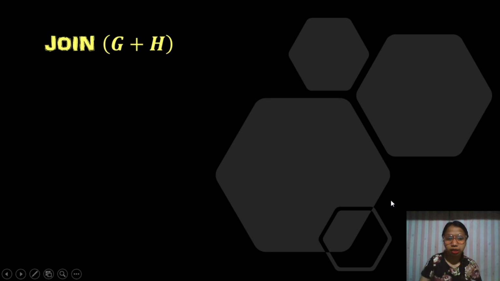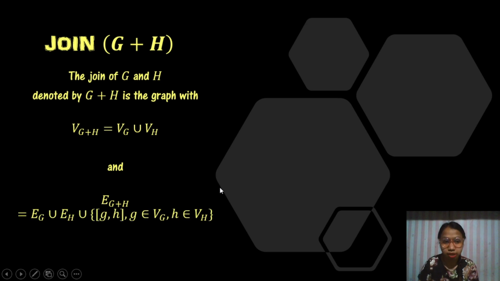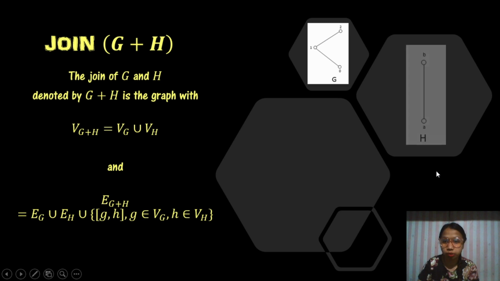For the join of two graphs, G and H, we have G plus H. It is the graph with the vertex set the union of the vertex sets of the two graphs, and its edge set is given by this expression. For example, we have a graph G containing vertices 0, 1, and 2, and edges 0 1 and 1 2.